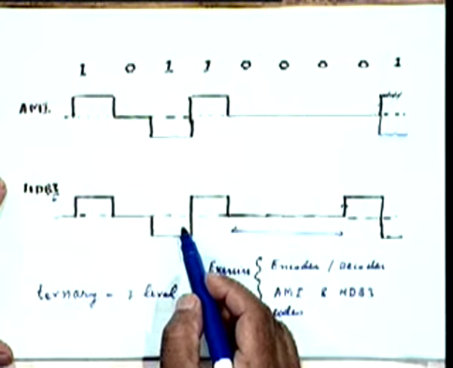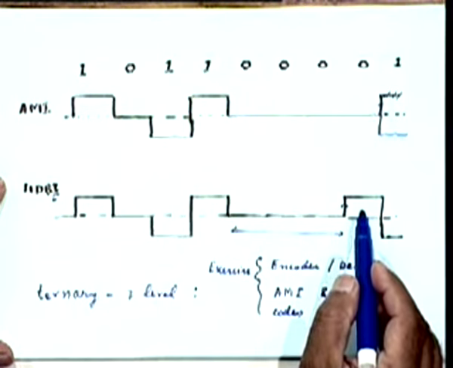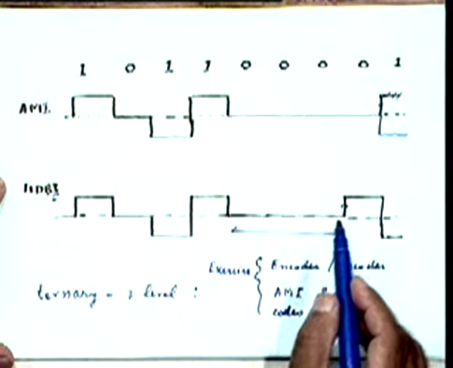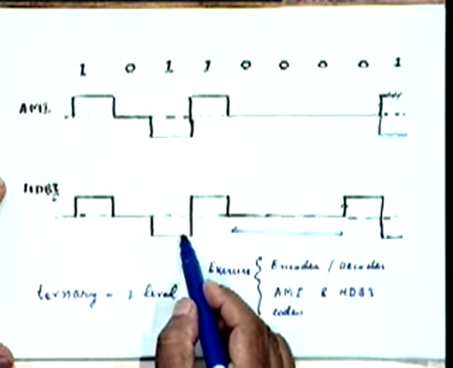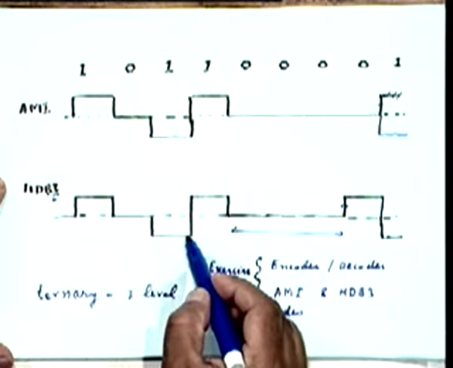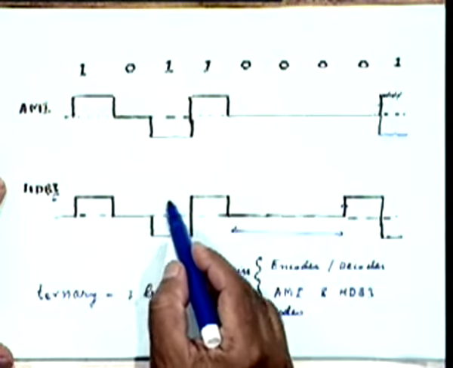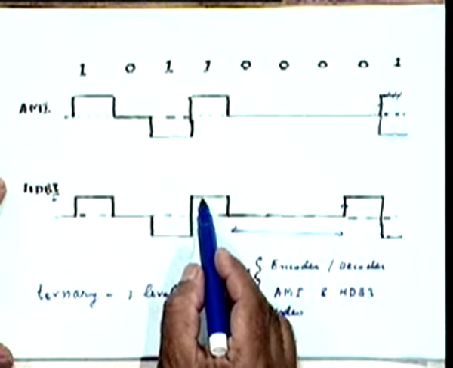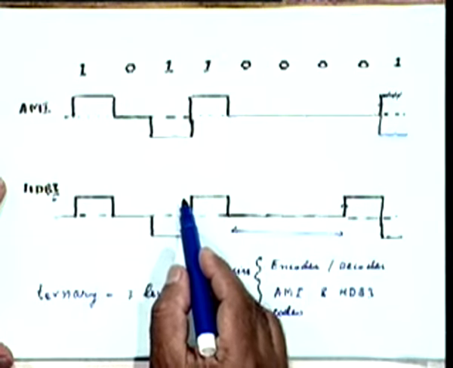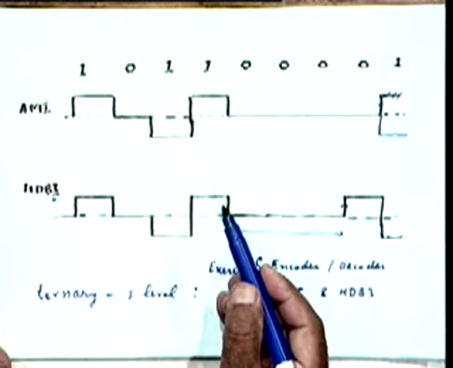We can notice that in spite of the fact that we are introducing violations, we still have the error detection feature in this coding. For example, let us say an error occurs and this negative voltage appears like a positive voltage here. So what you will see then is 2 consecutive ones with the same polarity without 3 zeros in between them, right, which will be detected as an error, right?